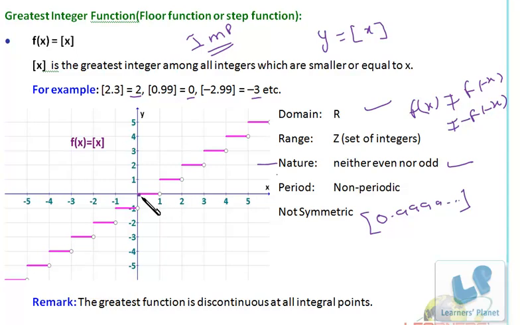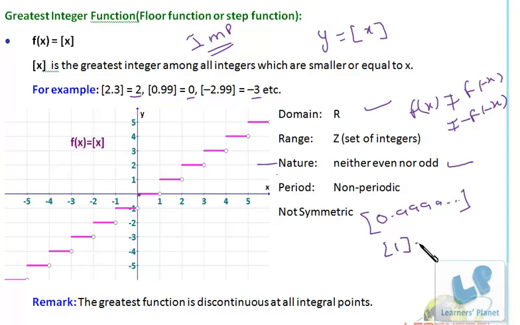Whether you put 0.1, 0.2, 0.3, whatever value you put less than 1, f of x will be 0. So we are going to get a line like this, right? Now what happens at x equal to 1? Immediately before 1, the value of f of x is 0, and exactly at 1, f of 1 is 1, right?